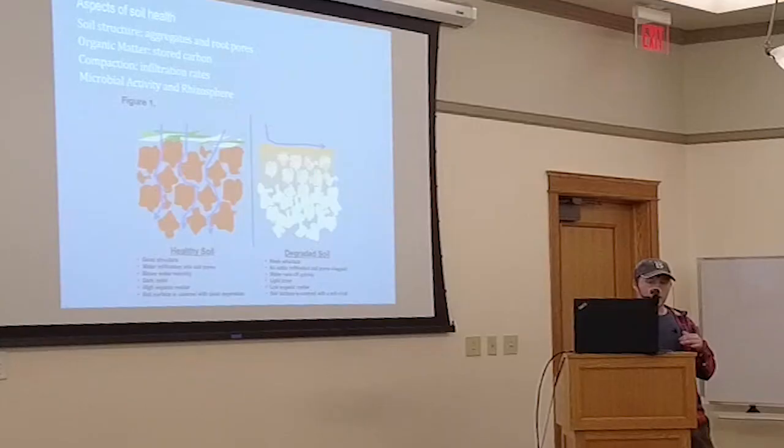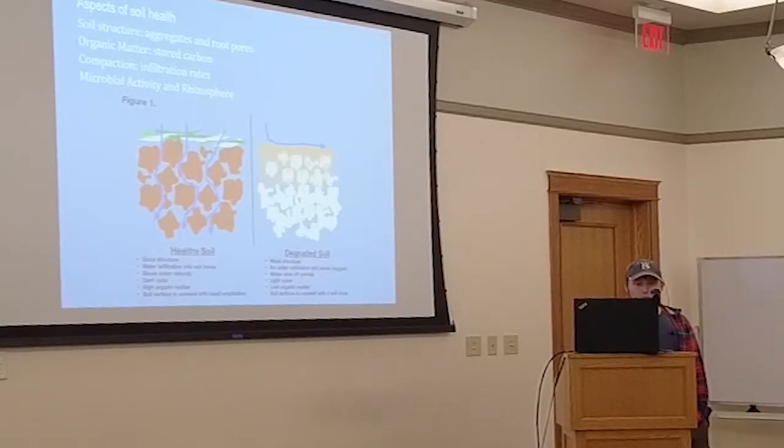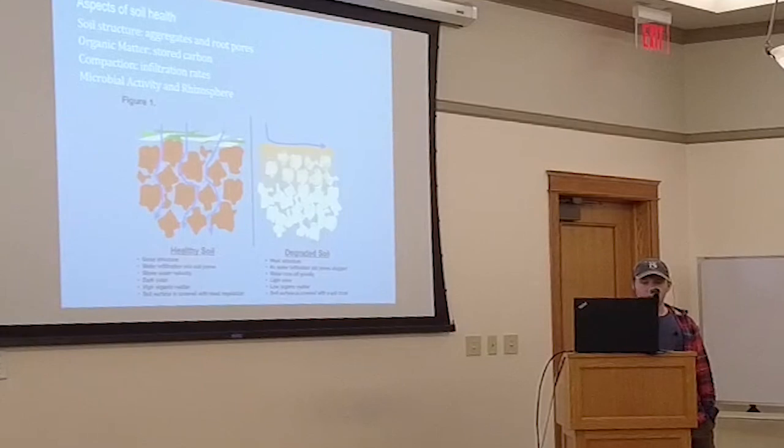So with soil health, you can look at the soil structure. The diagram below is a nice example of when you've got a healthy soil, the soil can hold its shape. There are places for the water to infiltrate into the ground. If you dig it up, it tends to have a darker color in there, and that's what's supporting the plant community.